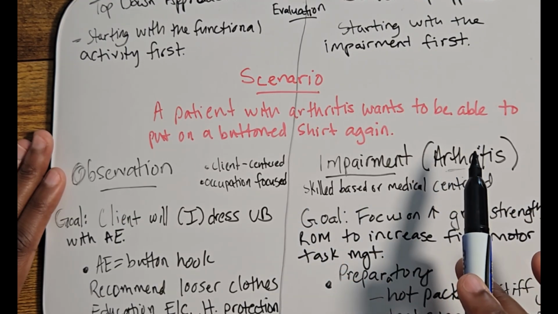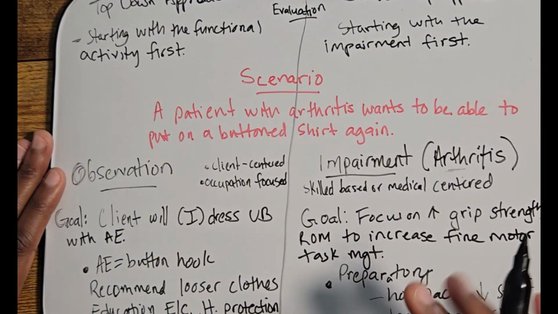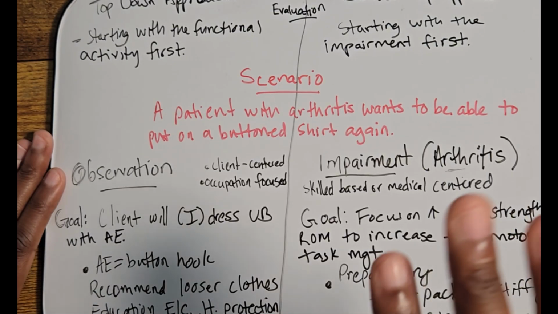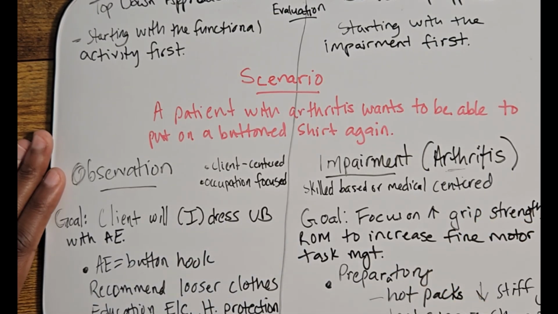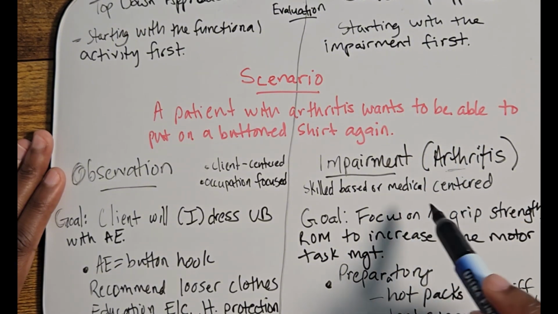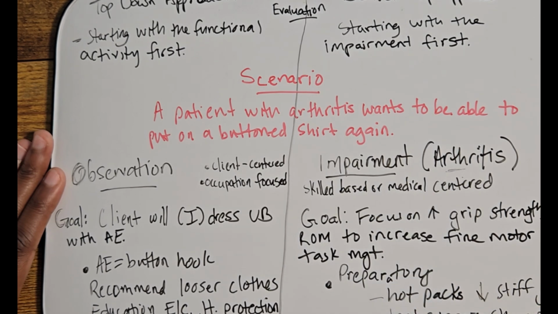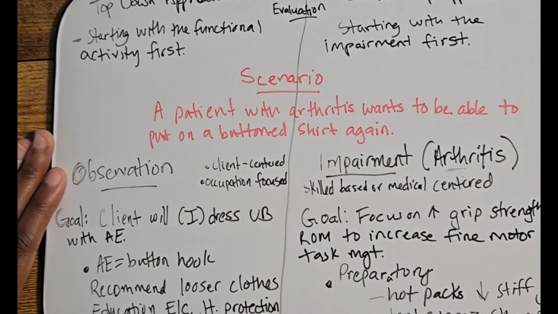And if we address the arthritic symptoms, which is their body function, that's what I'm thinking of when I'm thinking of the bottom-up: you're really focused on the structure and the body function of the person. The idea behind bottom-up is if we work on that impairment first, then we'll turn around and the person will be able to better manage their dressing. Okay, so that is the focus there.